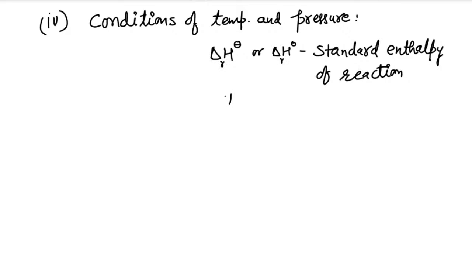That means when temperature is 298 Kelvin and pressure is 1 atmosphere. If we change the temperature and pressure, there is a change in the enthalpy of the reaction. Done? So temperature and pressure conditions are also affecting the enthalpy of reaction. Okay.